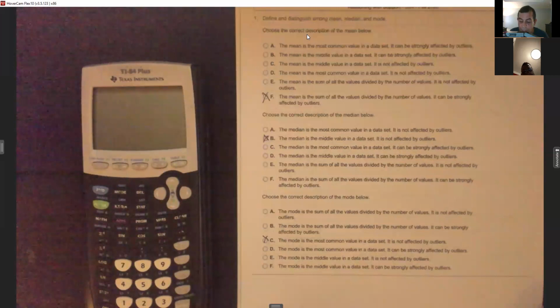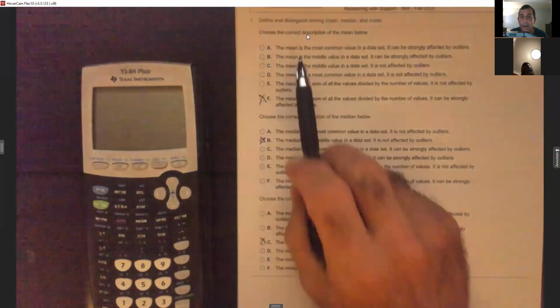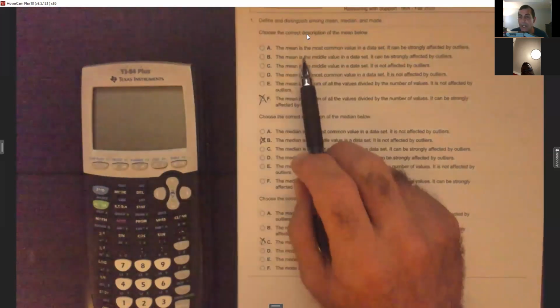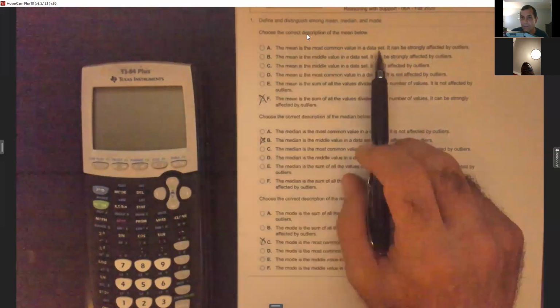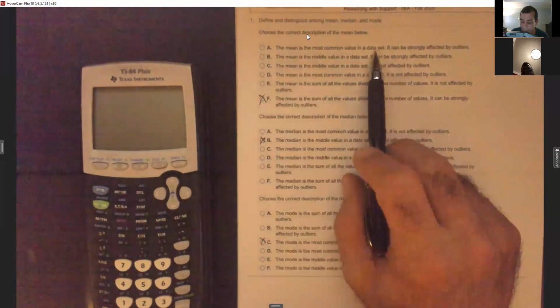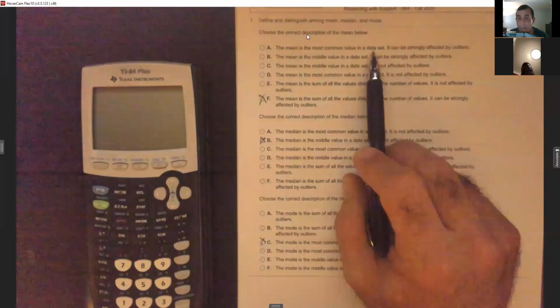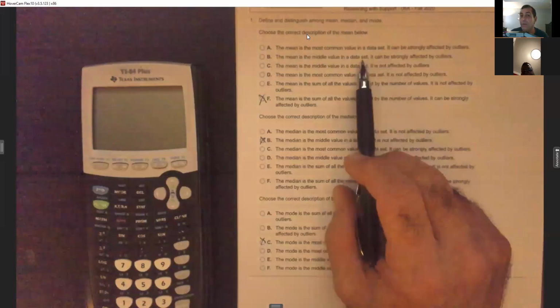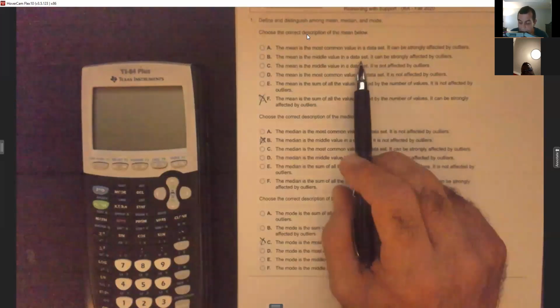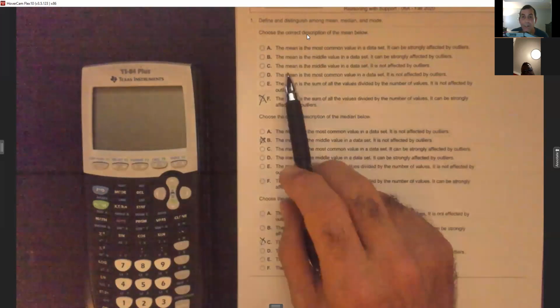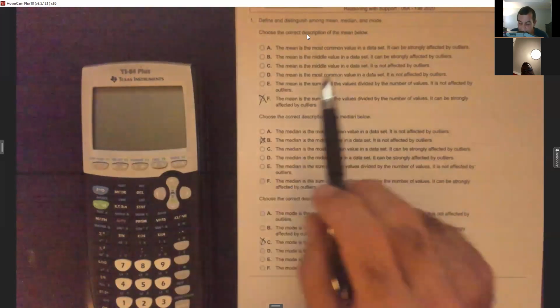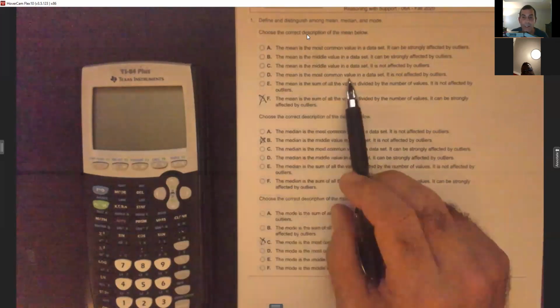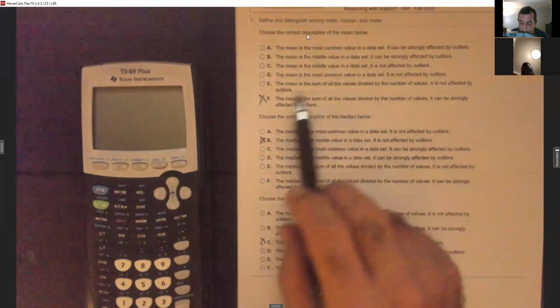So I went through these, and this one said the mean is the most common value in the data set. Wrong. That was our mode, right? The mean is the middle value. Wrong. The middle was our median. Wrong again. So it's got to be one of these last two.